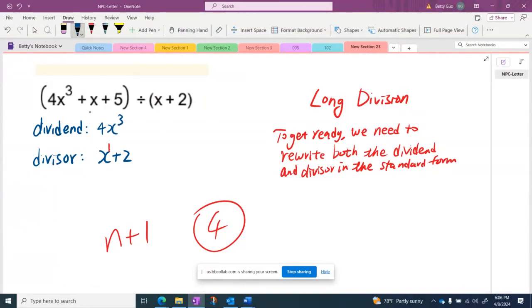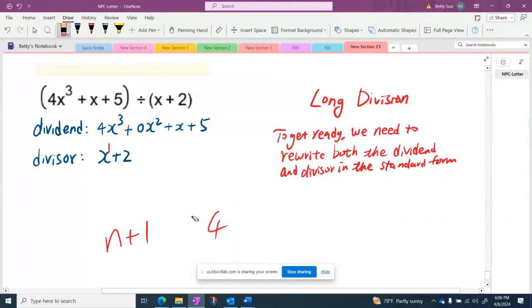Degree is 3, right? So that's the leading term. And then we should go to degree 2. Do we have something of degree 2? We are missing the x squared term, right? We have a cube here, we have first power here, x is x to the power 1, 5 is a constant, degree is 0, and we are missing the term with x squared.